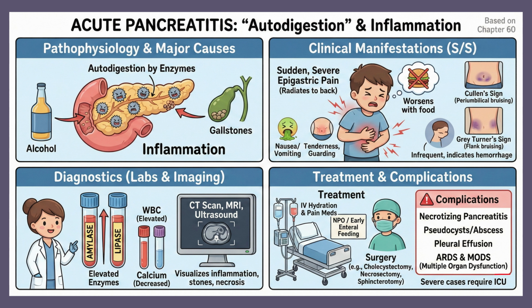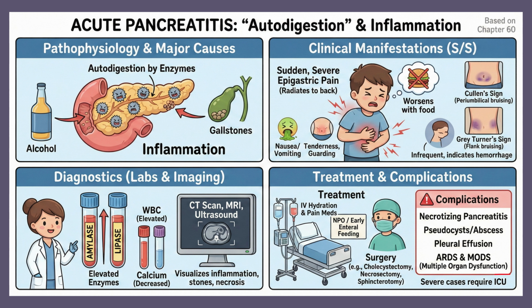Complications of acute pancreatitis include necrotizing pancreatitis, which carries a high mortality rate and can lead to sepsis, shock, and multiple organ dysfunction. Pancreatic hemorrhage, though rare, is indicated by Cullen or Grey Turner signs.